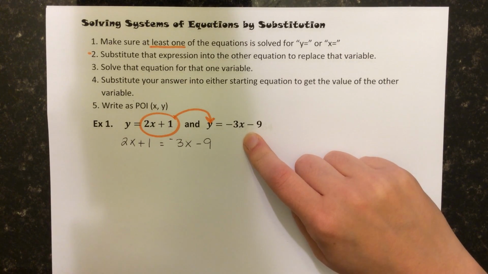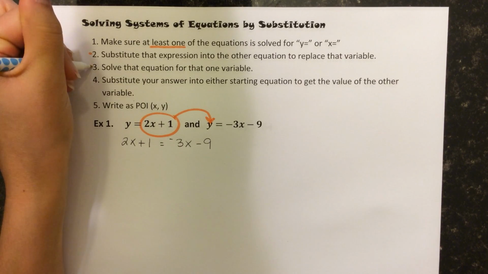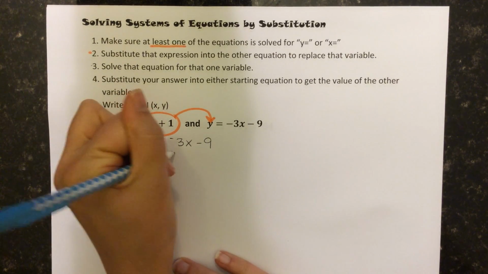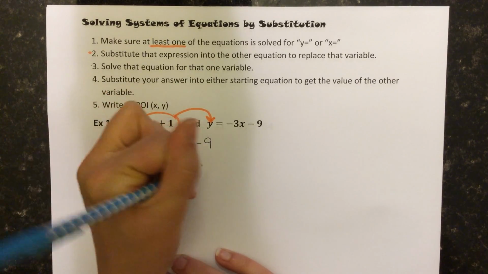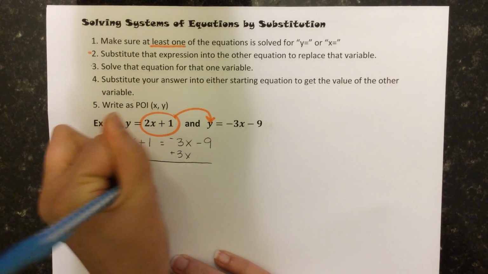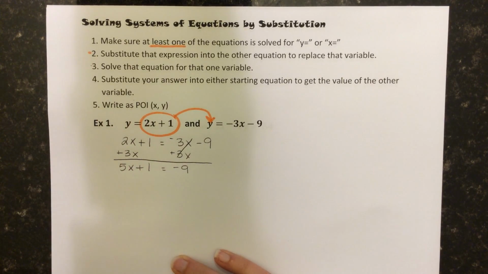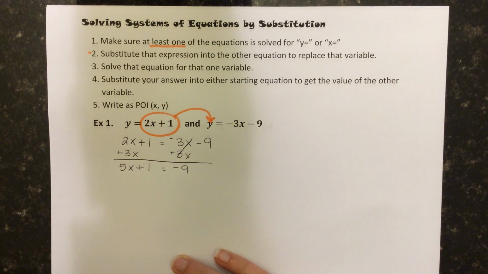The next step says to solve that equation for that one variable. So all I have to do is solve for x. The first thing I'm going to do is add 3x to both sides. When I do that, my negative 3x plus 3x goes away.